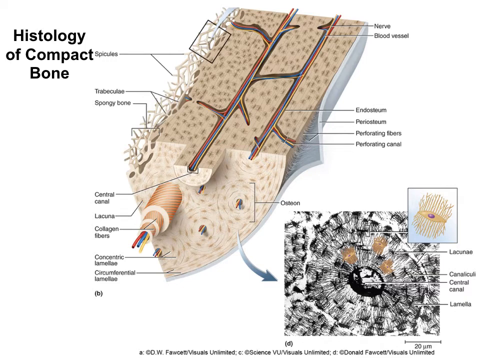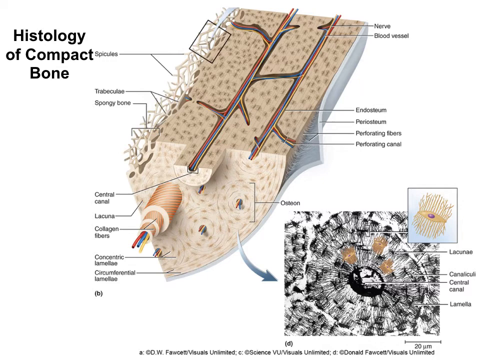Now, if you try to conceptualize what an osteon really looks like, and it is sometimes very difficult from these artistic drawings, even though they do try to make it look a little more three-dimensional, an osteon is a cylinder. So it's going to be extremely long and round.